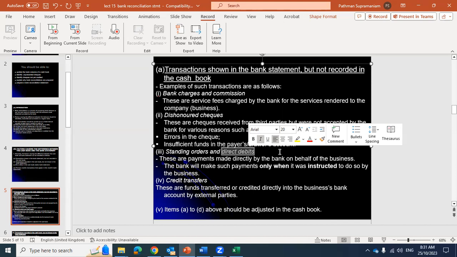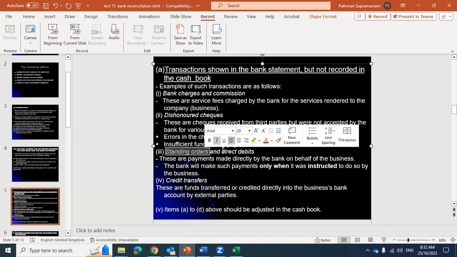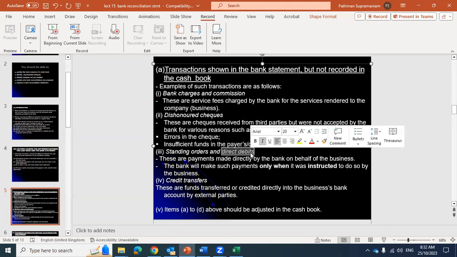As the owner pays for whatever goods he's purchasing, that amount will be debited to the bank account. Okay, so basically standing order, the amount is fixed and valid only for a certain period. Direct debit, the amount is variable and can last as long as the owner wants it to be.